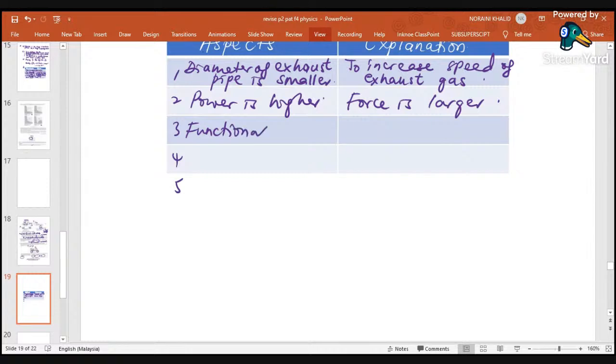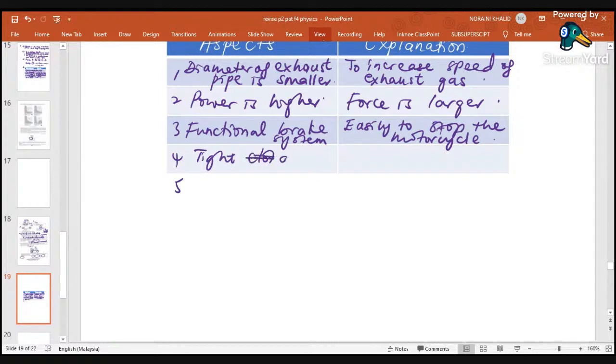Functional, in good condition, means a functional brake system, so it is easy to stop the motorcycle. It is sharp: when the brake is pressed, it stops. And then the attire must be fit or tight, to reduce air resistance. You can't wear a big loose shirt. If you look at cyclists, they all wear tight, fitting clothes.